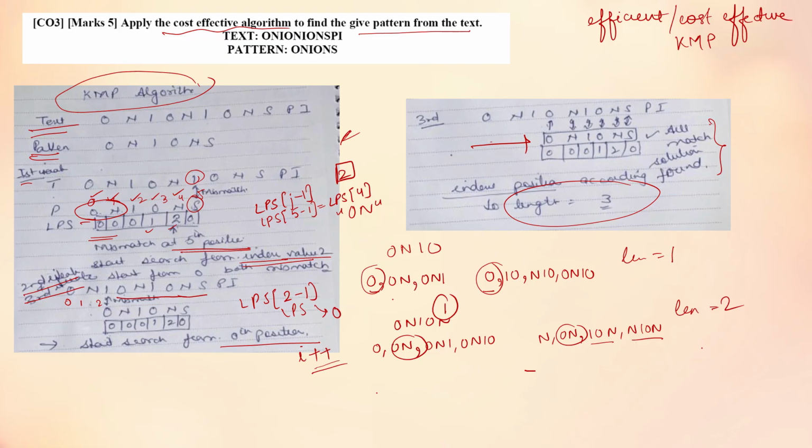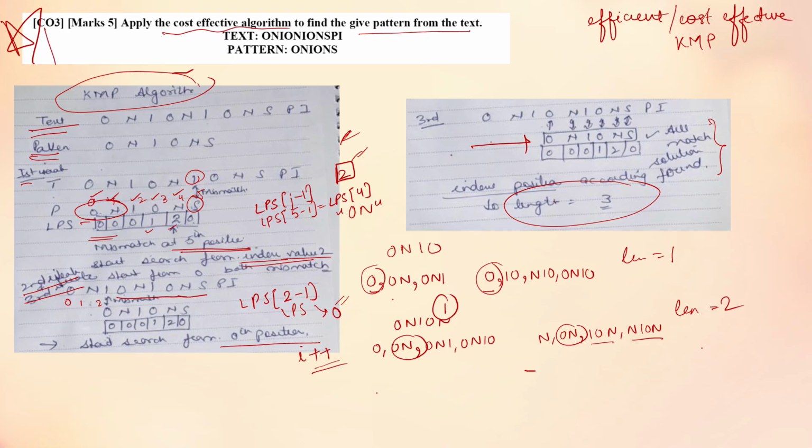In the case of the second one, LPS of the first character is always 0, as we all know. Because there is this 0 overlap, it has no choice but to move forward by 1. But here we had 2, so we moved by 2 spots, and this is how we find the pattern.